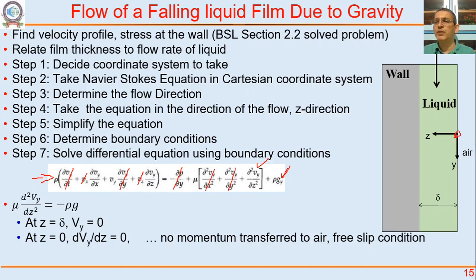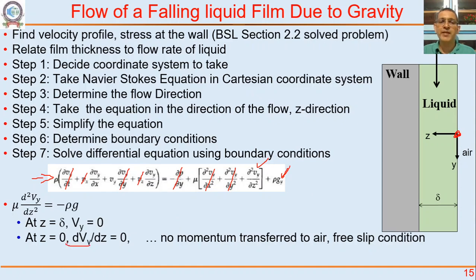Boundary condition, if this is our origin at z is equal to 0, it is the interface between the liquid and the air. What we are saying is air has very low viscosity. There is very little momentum being transferred to the air. If there is very little momentum being transferred to the air, tau at the liquid surface is 0. If tau at the liquid surface is 0, and mu of the liquid is not 0, the only case that can be is when dVy by dz is 0.